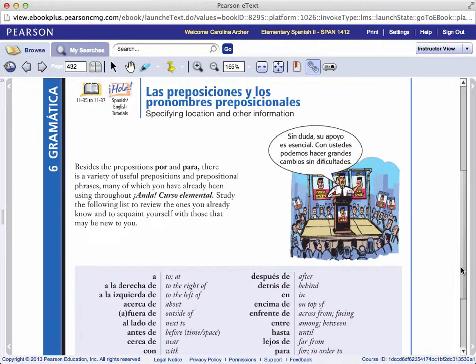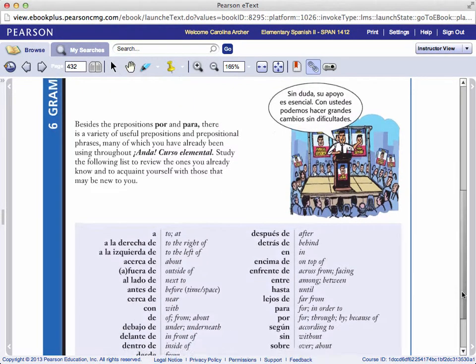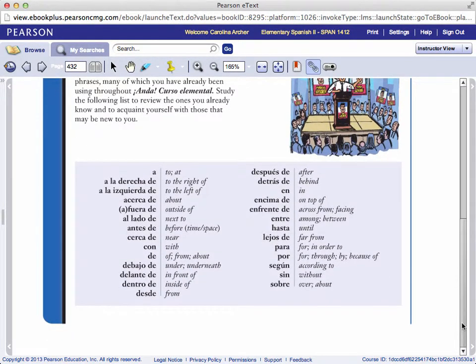Okay, so this is a list of the common prepositions in Spanish, actually pretty much all of them. Some of them may or may not be new to you, but we're going to go over them. We have a, which can mean to or at.